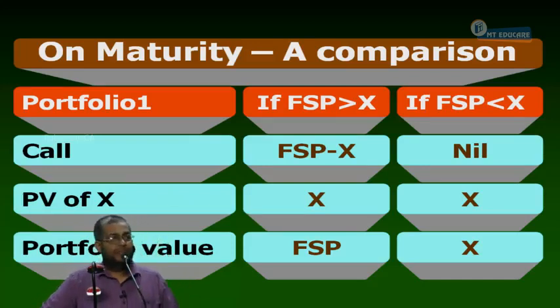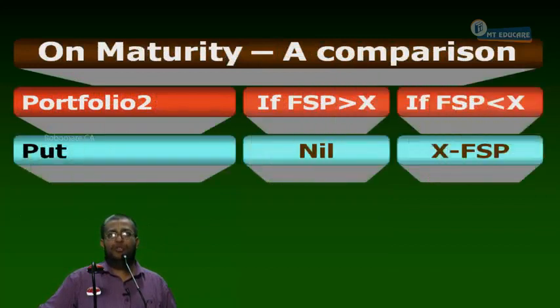Shall I proceed? Write down. Next, point B or C? C. Maturity value of portfolio 2.